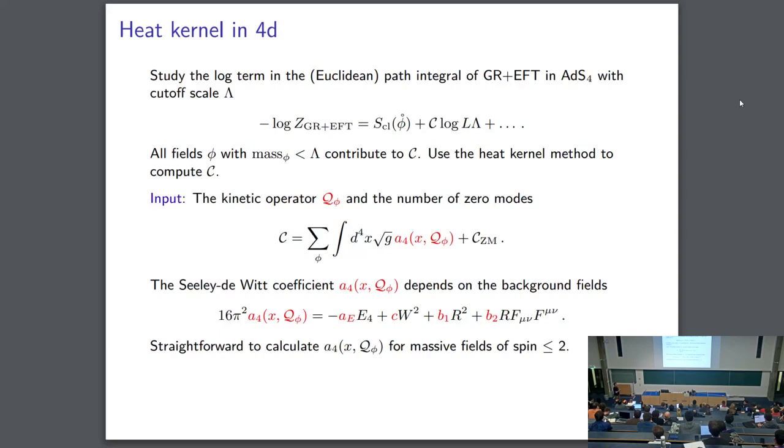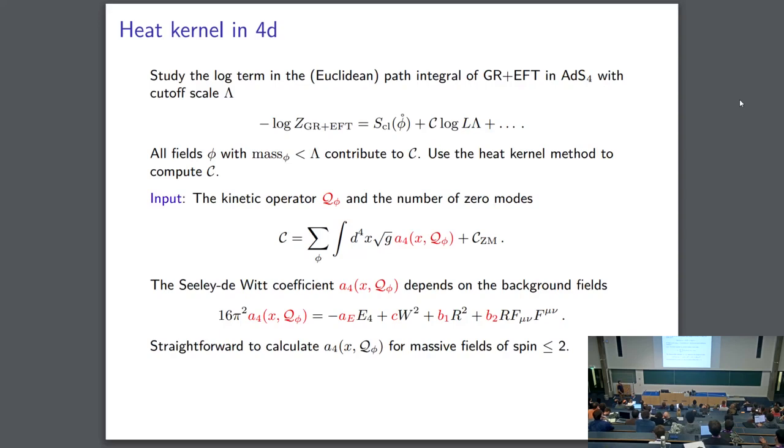For the fields of interest here, they will couple to GR plus Maxwell theory, and so the result will be a function of the curvature of the background. So this is the Euler density, the Weyl squared, Riemann squared, and here is a Maxwell field flux. And so this is called the local contribution.